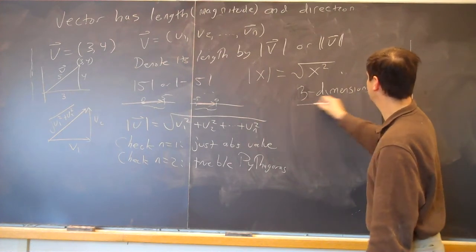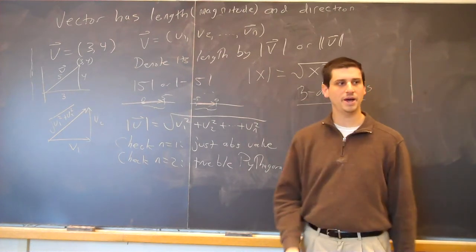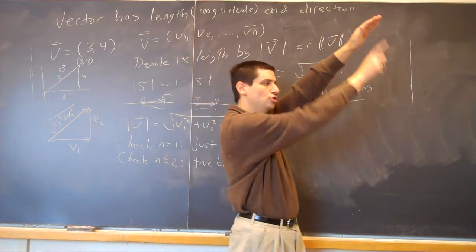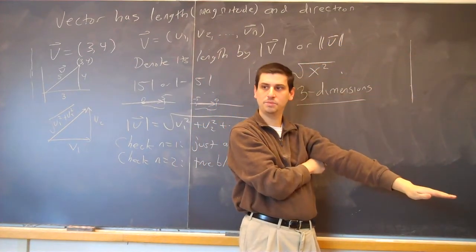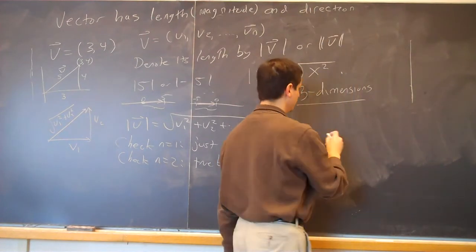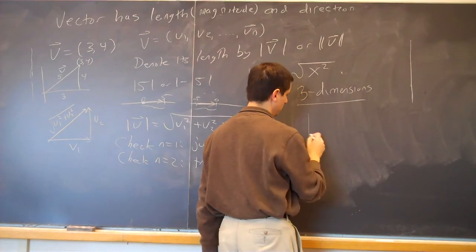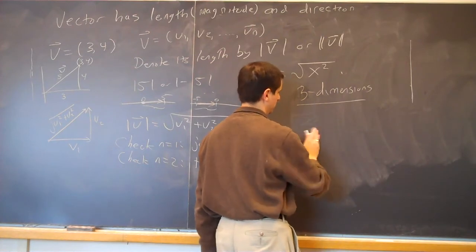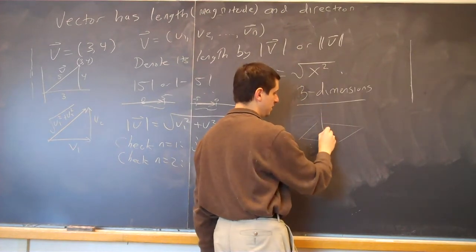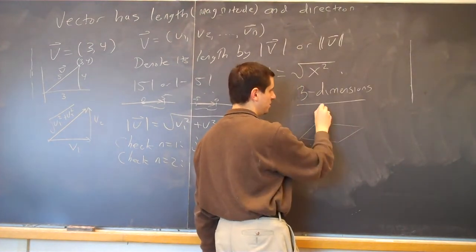Now, of course, 3 dimensions is not so great to draw on, but imagine I have a vector like this coming out. I can draw a vector in the xy plane below it, and then the z part is coming straight up. So here's my xy plane, here's my z-axis, coming up like this.